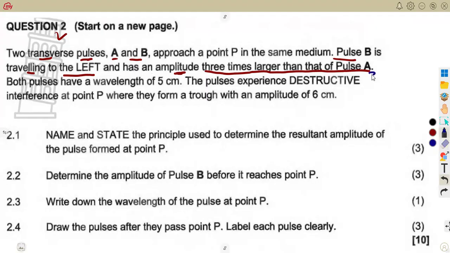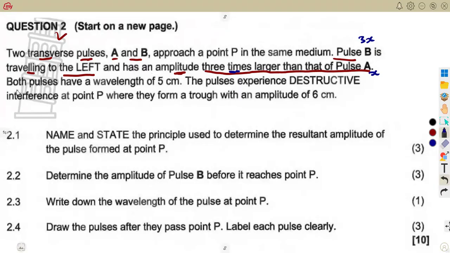That is the condition that we are given there. If A is X, B is going to be 3X, because they are saying pulse B is 3 times larger than A. You multiply. So whenever you're given 3 times larger or 3 times bigger than this, or maybe it is 5 times, whatever you're given, you multiply.